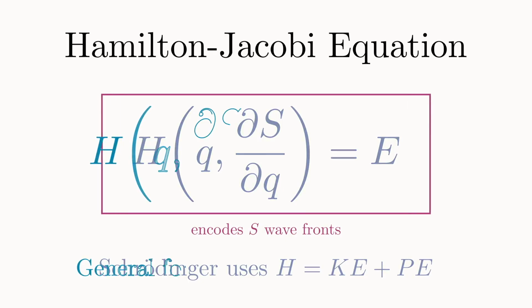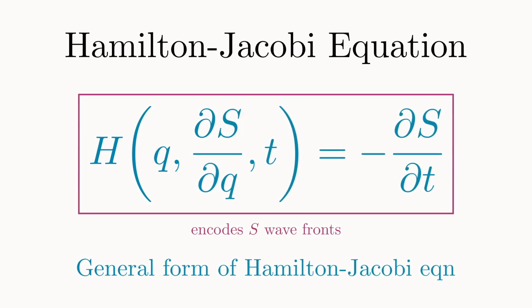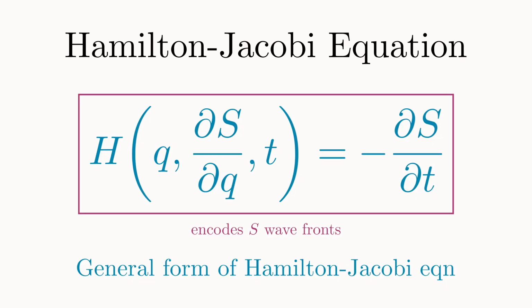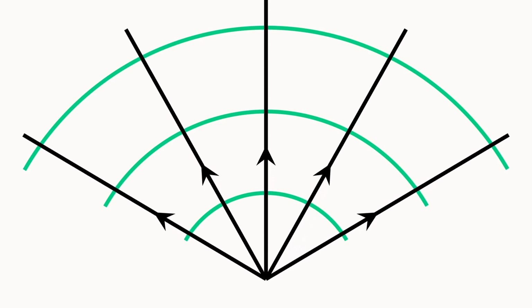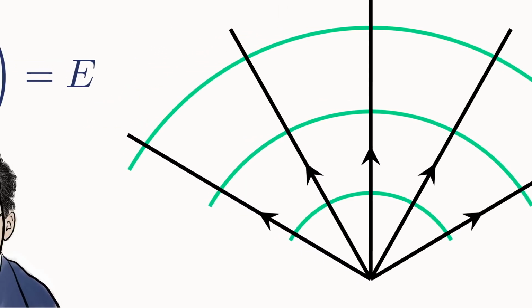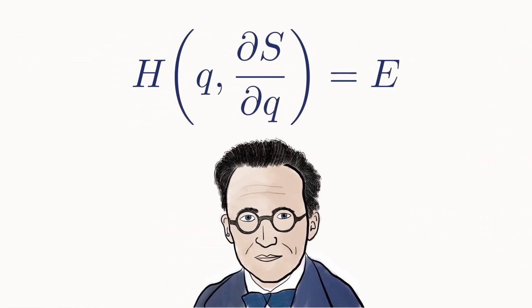In that case, the right-hand side of the equation becomes -1 times the partial derivative of the action with respect to time. So the Hamilton-Jacobi equation is essentially an equation of motion for the action. By solving it for S, we can find the action wavefronts. And of course, from these, also find the particle trajectories too. This is Schrödinger's starting point.